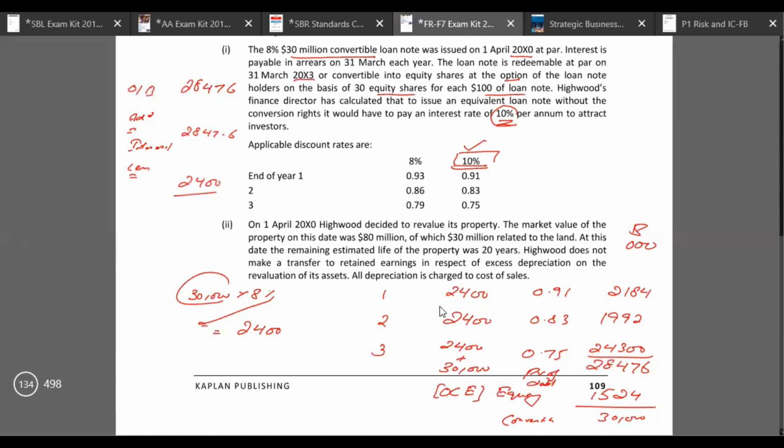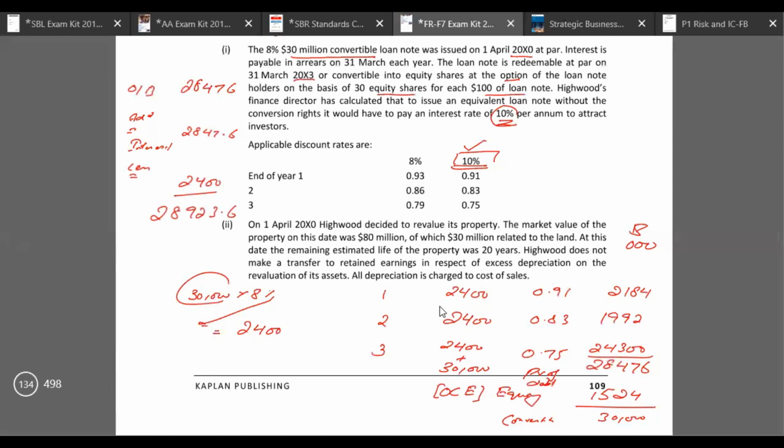So now you can calculate it: 28,476 plus 2,847.6 minus 2,400. It gives you 28,923.6.